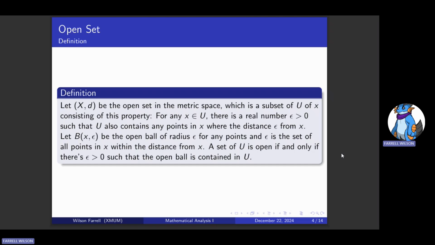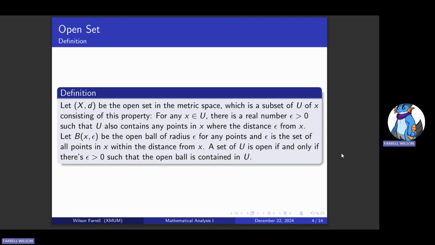Then we let B(x, epsilon) be the open ball of radius epsilon, the set of all points within distance epsilon from x.